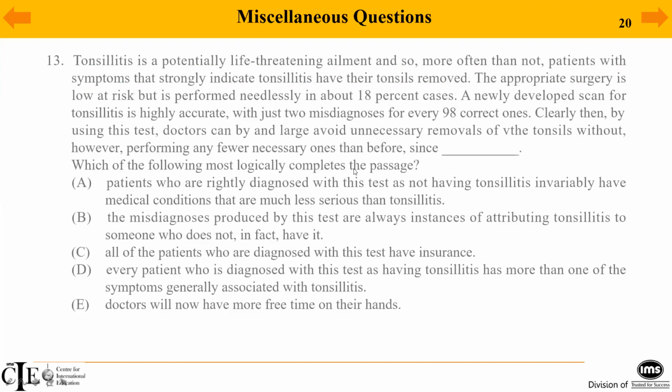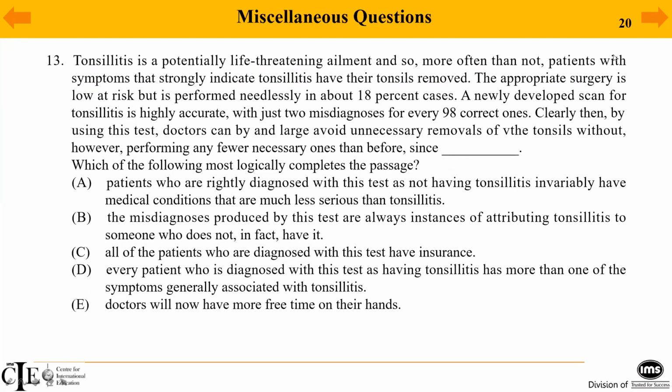Question number 13. Now these are logical completion questions. There is a blank given here. So you must give a proper ending for the argument.